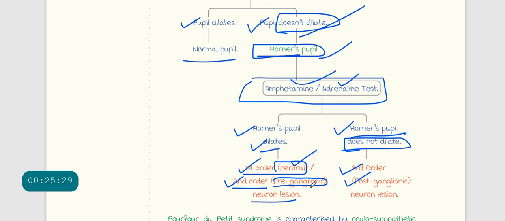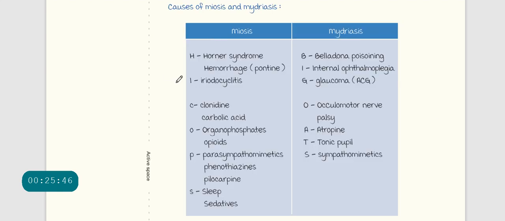So as we studied in Horner syndrome, the mnemonic included miosis. In Horner syndrome there would be miosis. So presenting a differentiation between miosis and mydriasis: miosis is seen in Horner syndrome, in hemorrhagic pontine lesions, and in iridocyclitis.